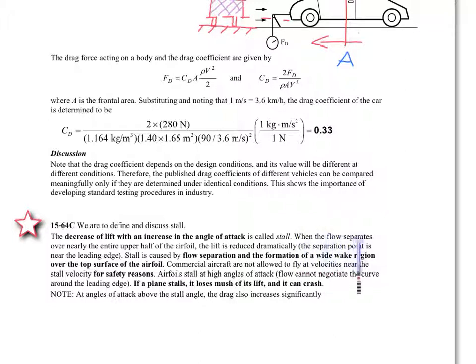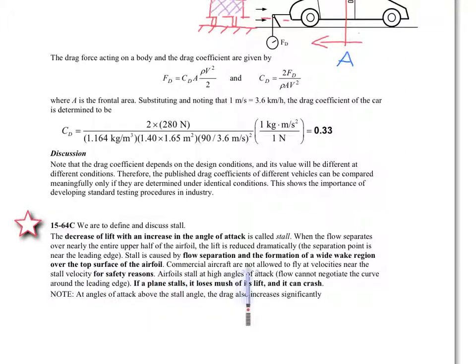When the flow separates over nearly the entire upper half of the airfoil, the lift is reduced dramatically. The separation point is near the leading edge. Stall is caused by flow separation and formation of a wide wake region over the top surface of the airfoil.